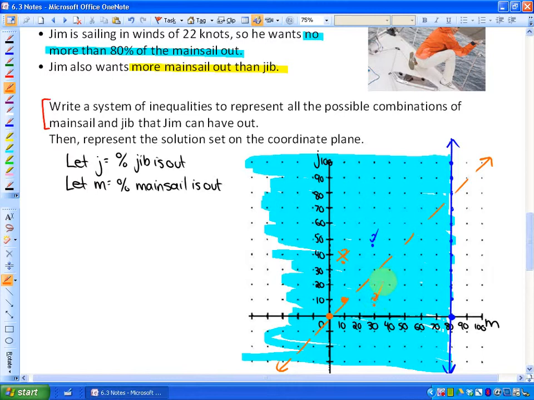So this side would be a yes, which means in turn that we're going to shade this side, or the lower side, if you label it the same as me. If you label the vertical axis as the mainsail and the horizontal as jib, it would be the exact inverse of this coordinate set.